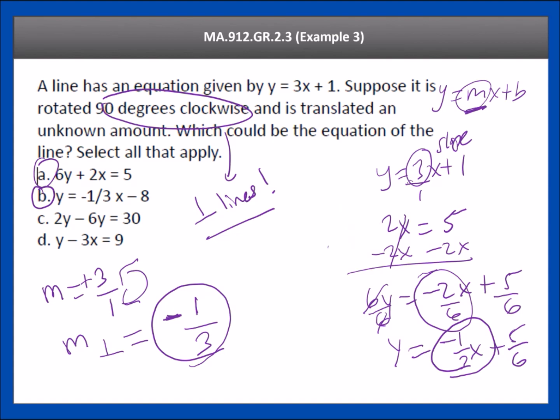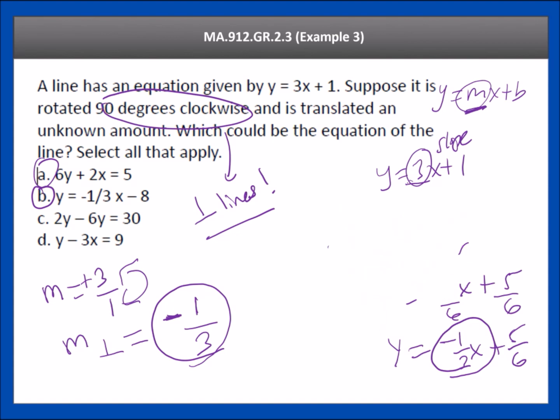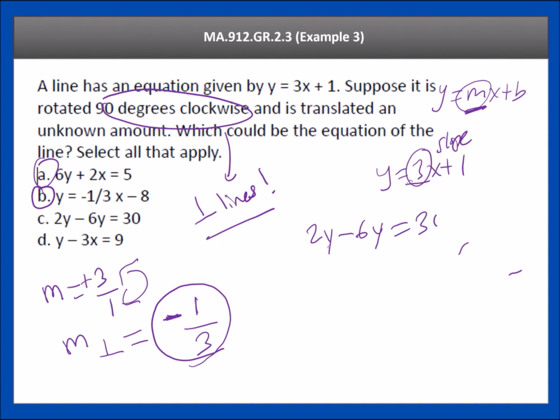So let's go ahead and check C. I'm going to erase this so that I can check C. Okay, so 2y minus 6x equals 30, let's solve for y there. Oh, this is a typo. This should say x right there, not y. Sorry, 2x minus 6y. Yeah, sorry about that.